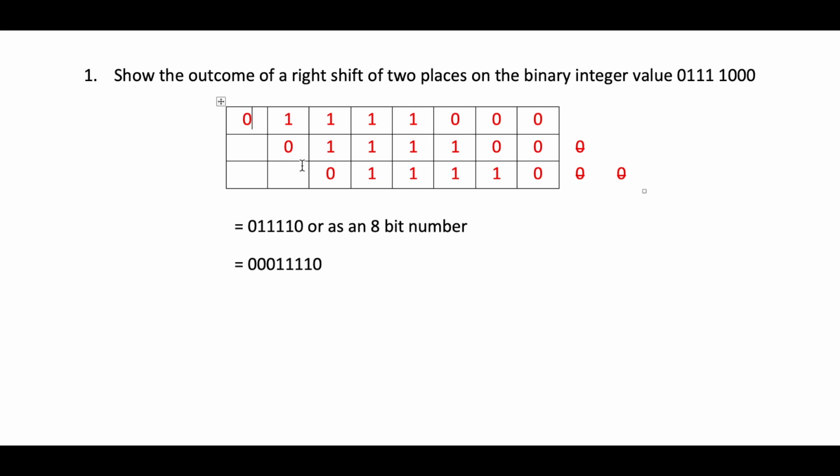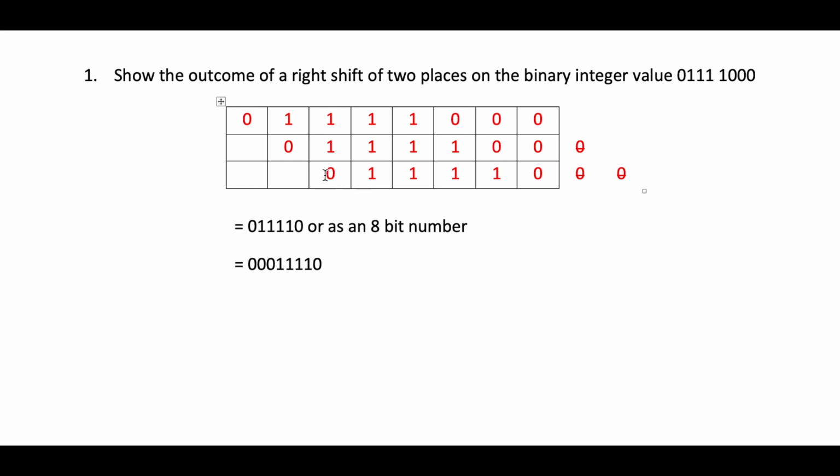So each digit moves down one place to the right, and in this case this digit drops out of the table. So there are 2 digits that we will ignore because they have dropped out of the table.